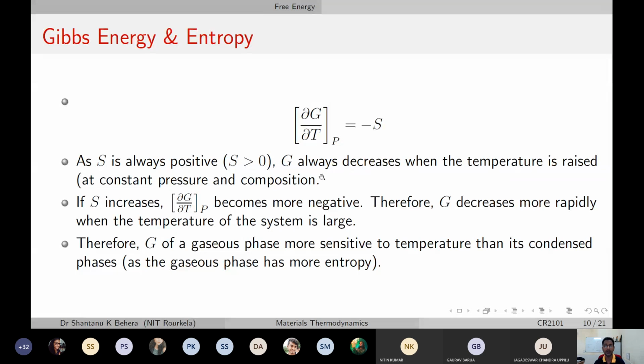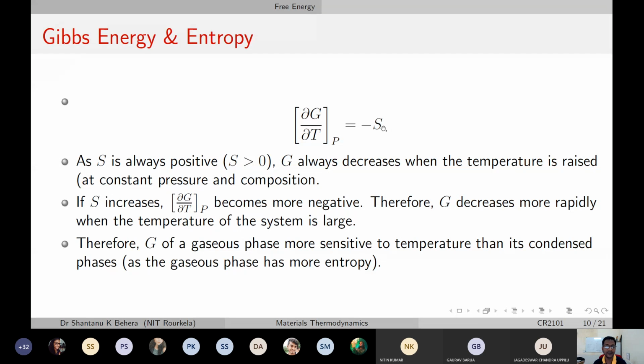We are not talking about addition of compositions here. The restrictions are that for a changing temperature we are not changing the pressure, and we're not allowing any other chemical species to participate in that reaction.